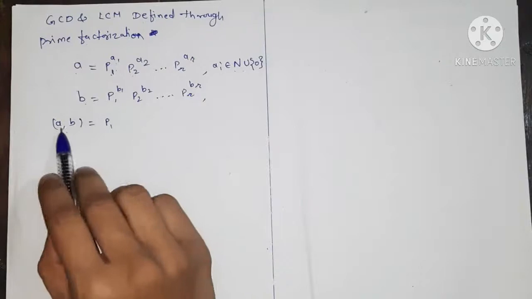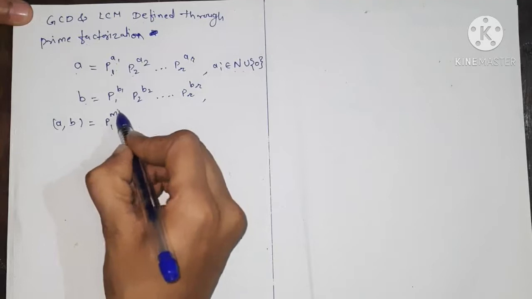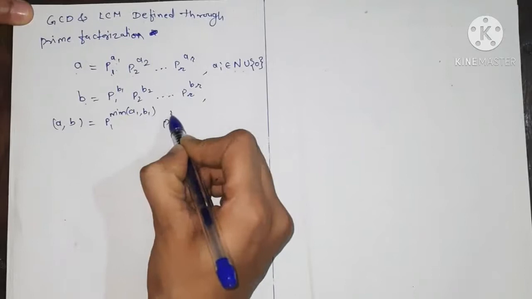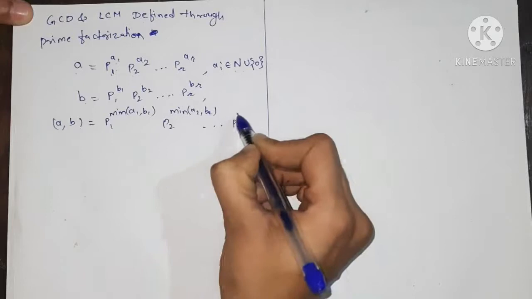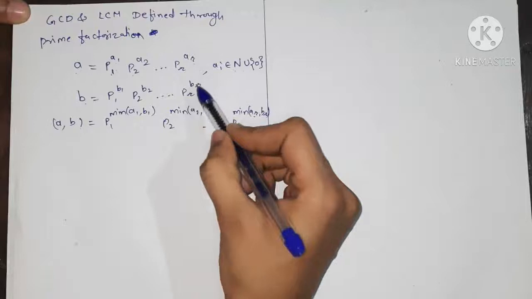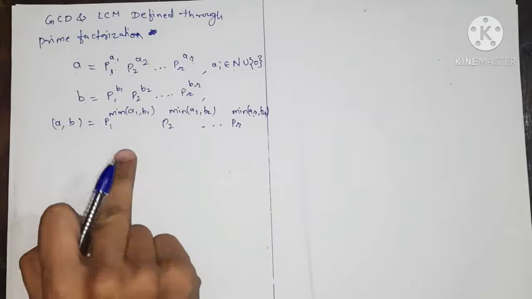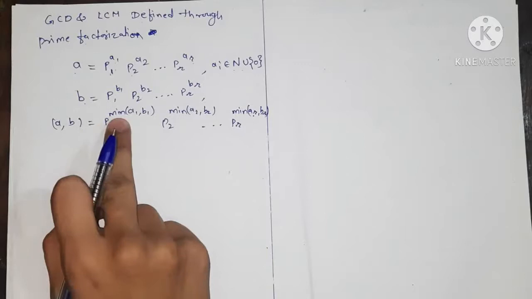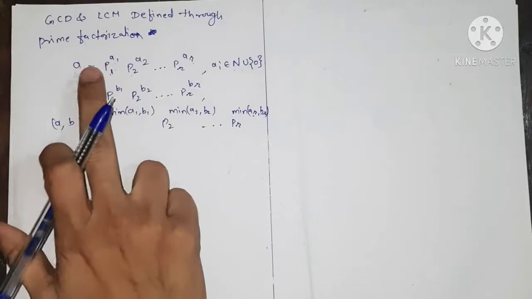So the GCD of a comma b is p1 to the power minimum of a1 comma b1, p2 to the power minimum of a2 comma b2, and so on, pr to the power minimum of ar comma br. So the power of each prime should be the minimum of the powers in the integers a and b.